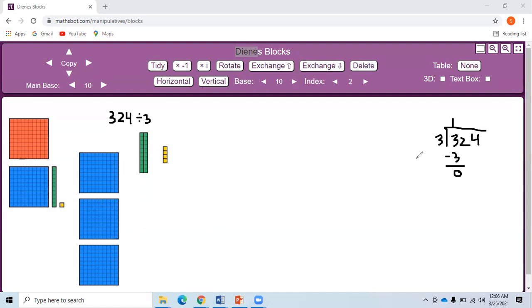If I look at the algorithm, I have 2 10s, which I need to bring down. 3 doesn't divide into 2, so I need to write a 0. 0 times 3 is 0, subtracting, and I get 2.